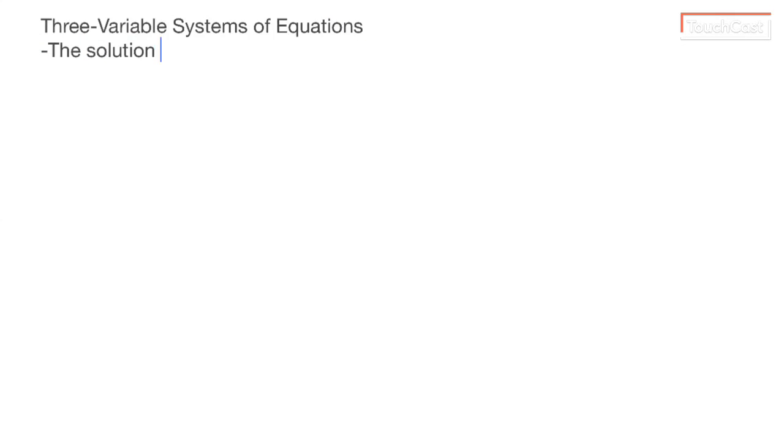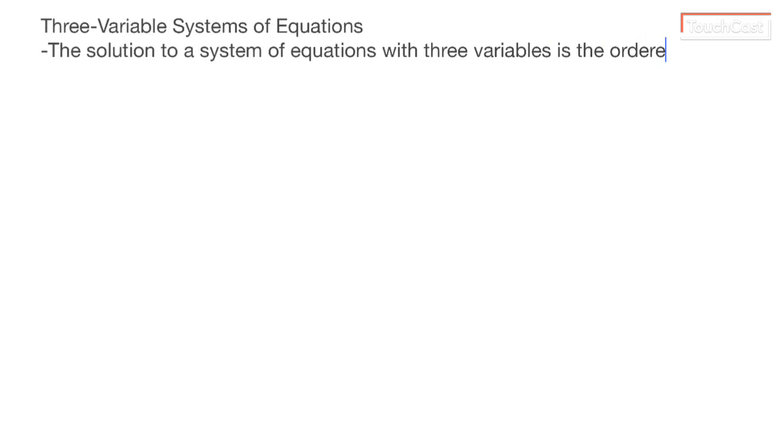The solution to a system of equations with three variables, which is a typo in your note sheet, is the ordered triple x, y, z. And what that means is it satisfies all equations. So it's an ordered triple that satisfies all equations.